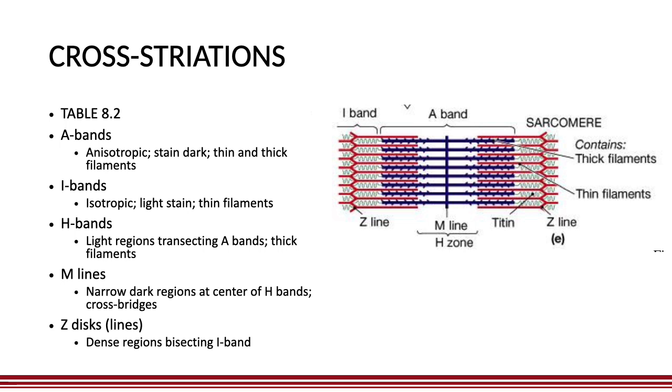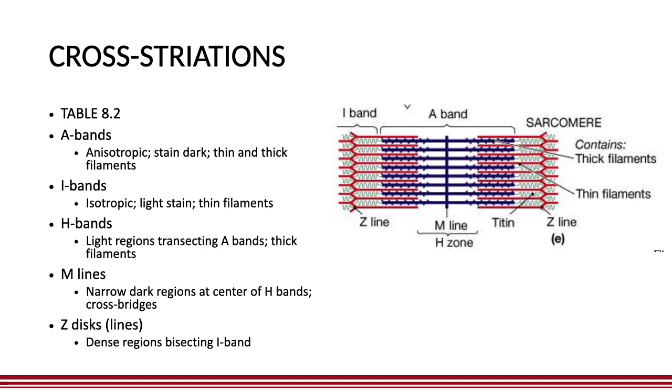So, if you look at skeletal muscle under a microscope, you will actually see distinct bands. And again, these are seen only under the microscope. First things first, we need to define what a sarcomere is. A sarcomere, again, is the functional unit, and it extends between adjacent Z lines.